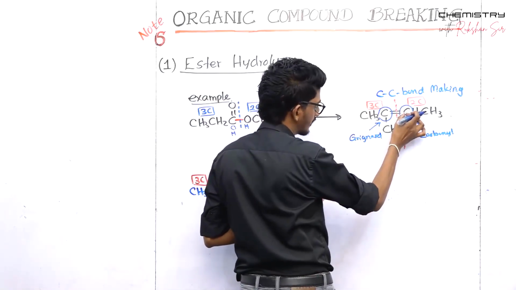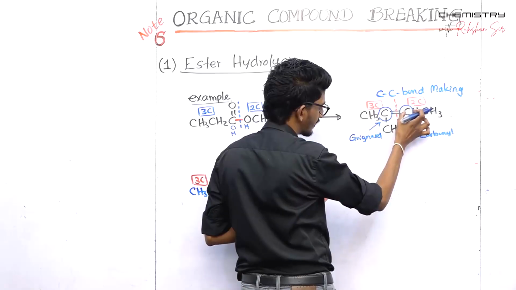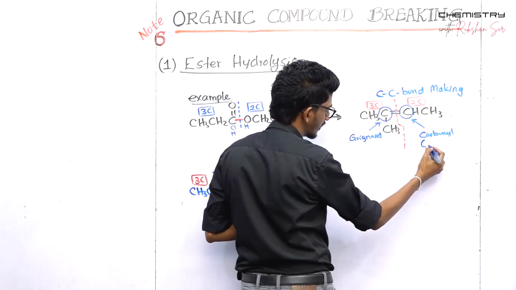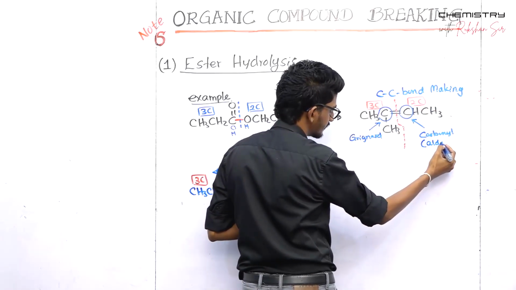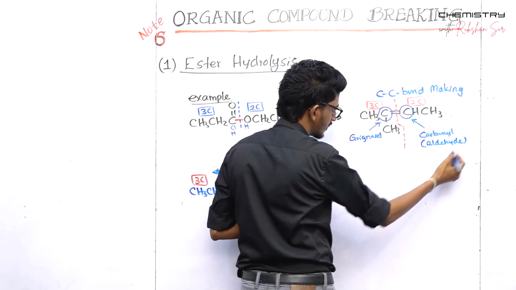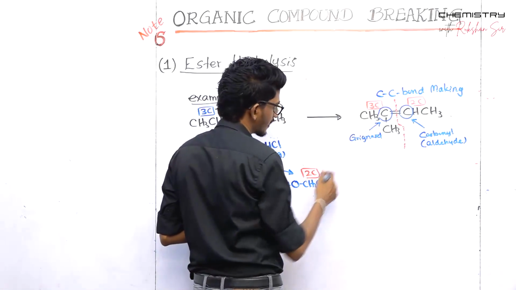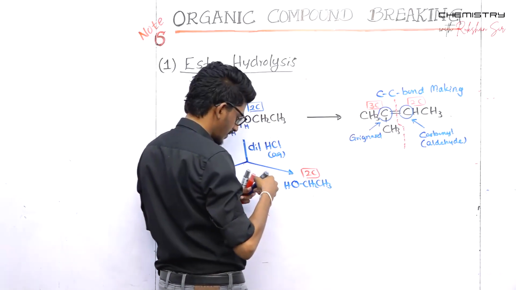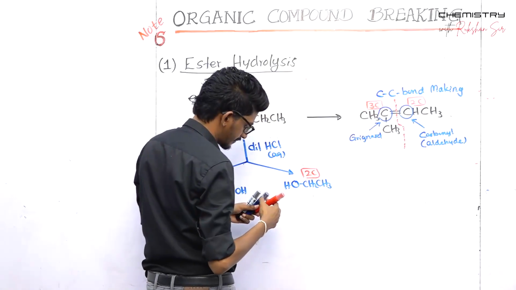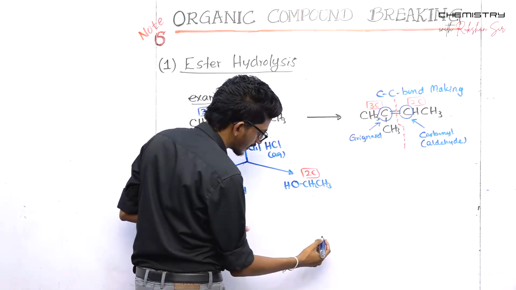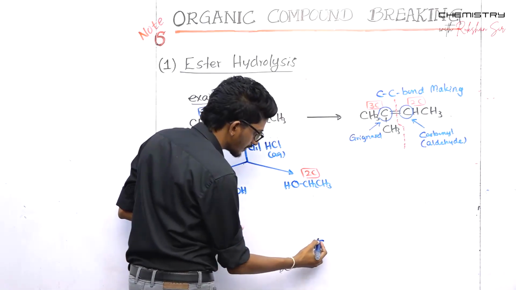As this block contains only one R group, it should be the aldehyde. Let's come up with the 2 compounds. First write the Grignard here. So this is the Grignard carbon.